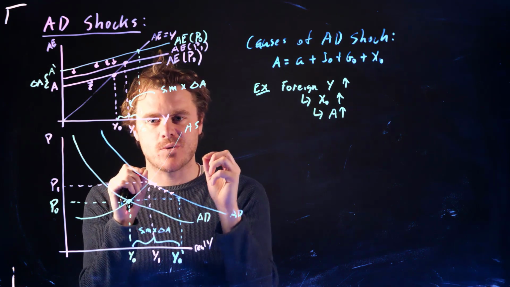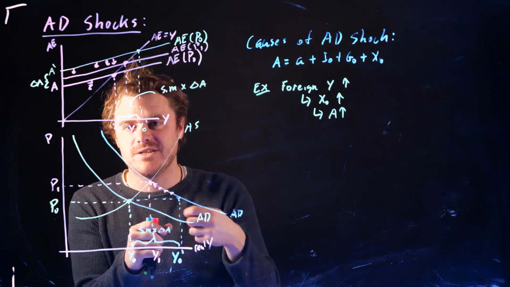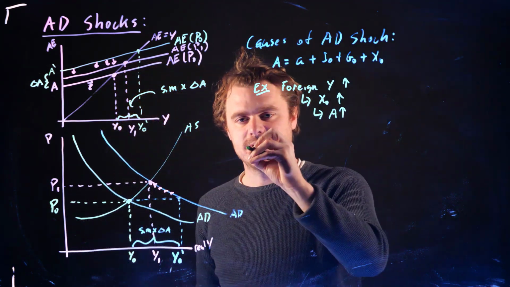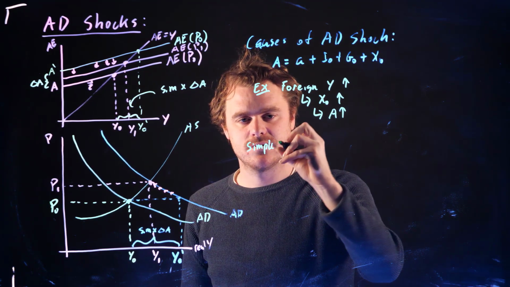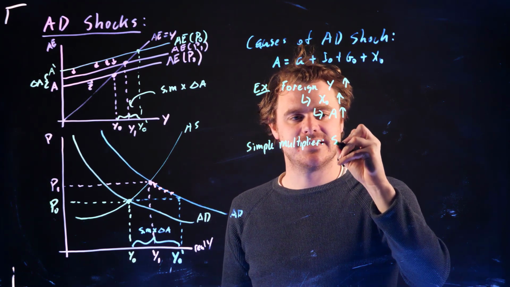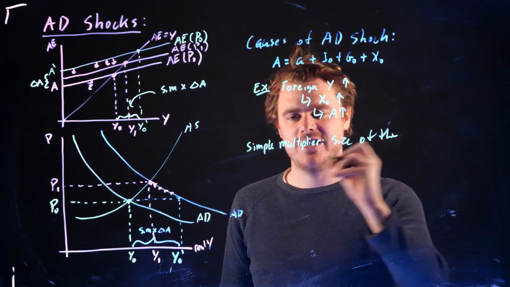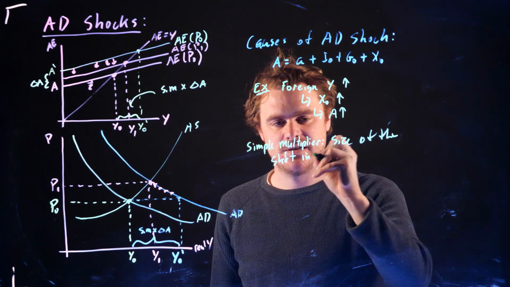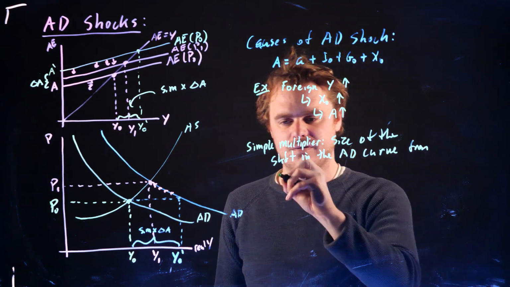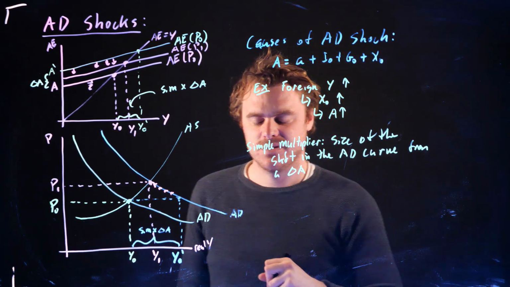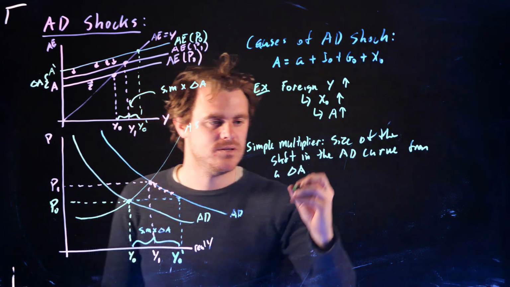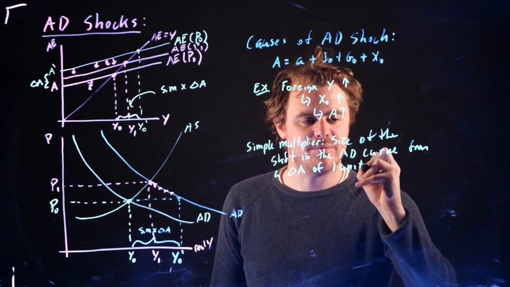So notice that the shift in the AD curve is the simple multiplier times the change in A. But that's not the change in equilibrium anymore because of this change in the price level. So the simple multiplier is the size of the shift in the AD curve from a marginal change in A, or think about a change of 1 unit maybe.